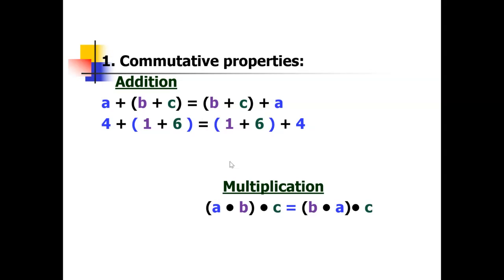Following this, on the left side I'll get 4 plus 7, and on the right side I will get 7 plus 4. Both will give me 11. Similarly, I can use the same idea for multiplication as well. It doesn't matter which two numbers I multiply first, on both sides the solution will remain the same.